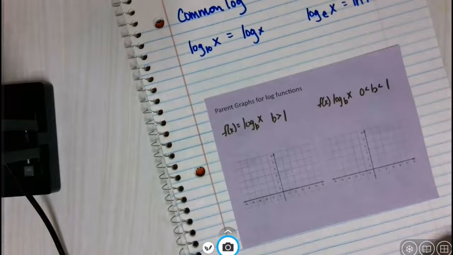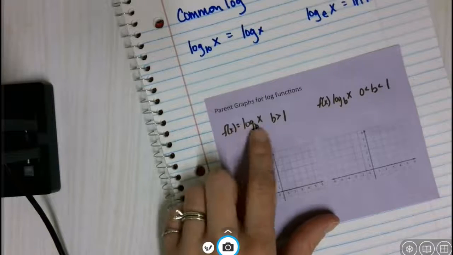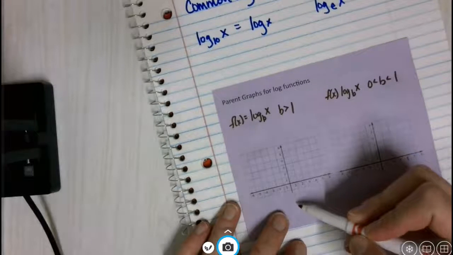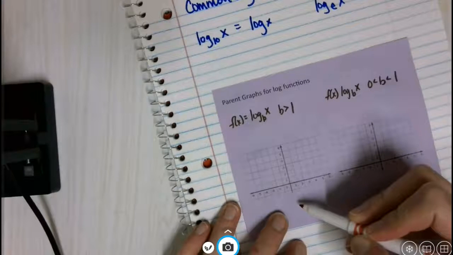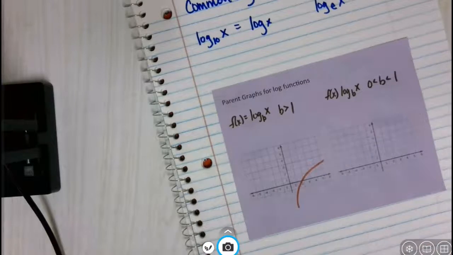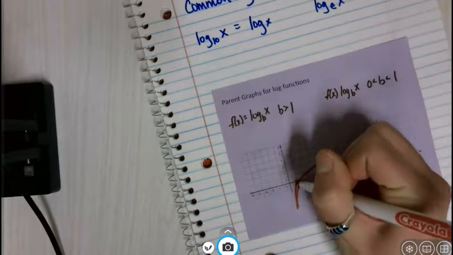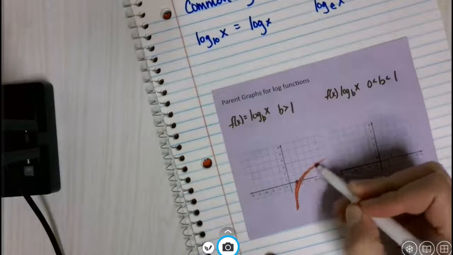Here you do need a couple of different colors to really see. So here I'm looking at when b is greater than 1. So I've got log base b of x when b is greater than 1. What that looks like is something like that. It does cross, and I didn't do a very good job right here, at (1, 0).